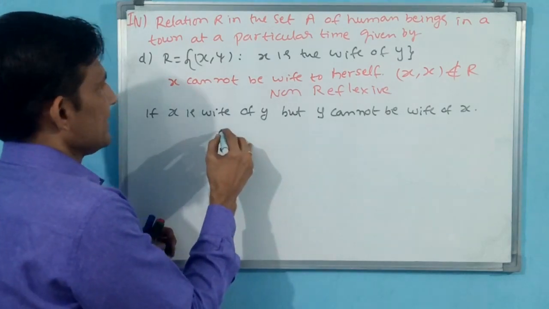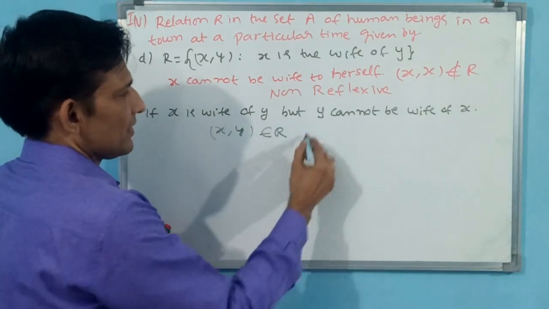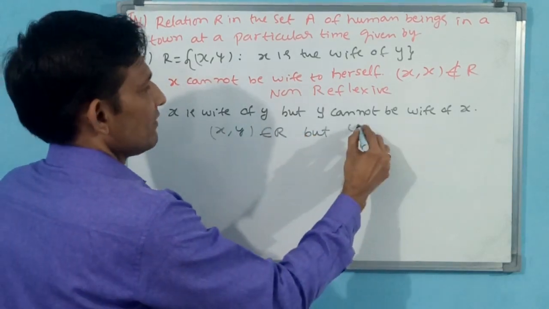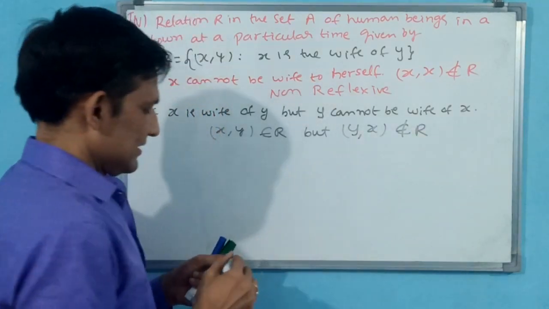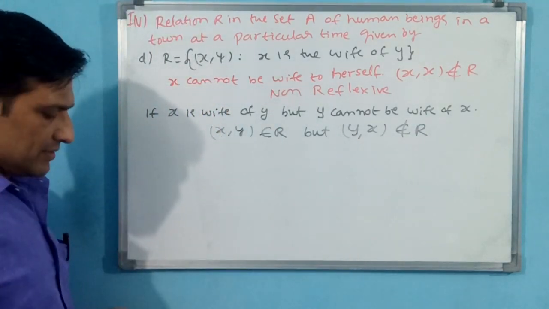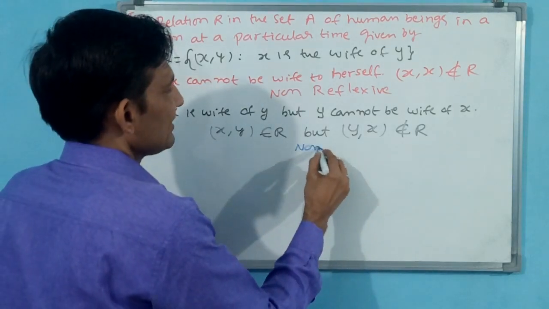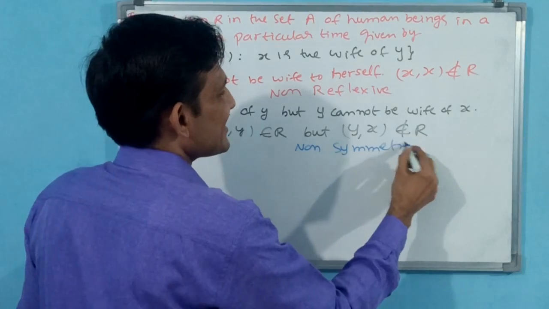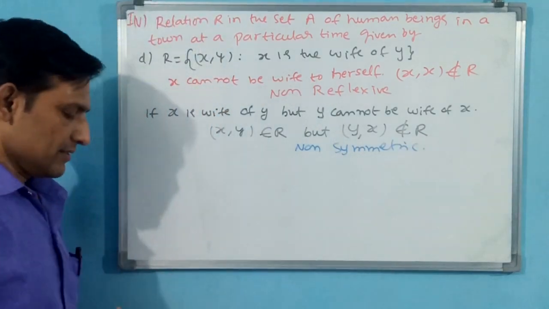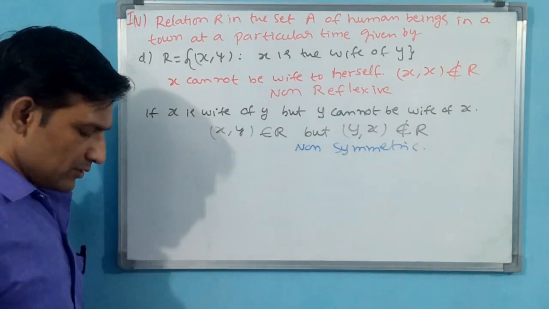Then you write like this here: (x, y) belongs to R, but (y, x) does not belong to R. Therefore, non-symmetric. Okay, non-reflexive, non-symmetric. We have seen. We will see transitive also.